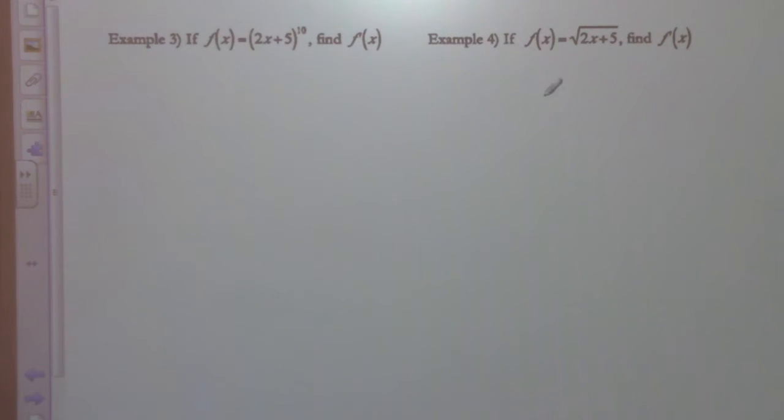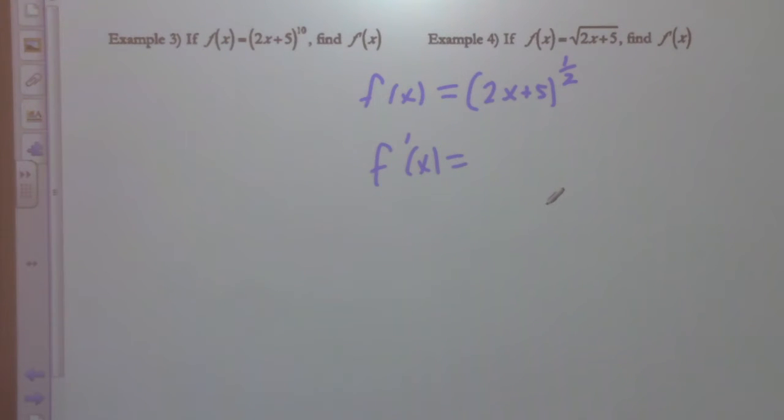Now here, what you have is, do you know how to expand this out to differentiate by parts? You really can't do that, can you? So you have to go ahead and take this to the 1/2 power, and how do we find the derivative using the only way we can?